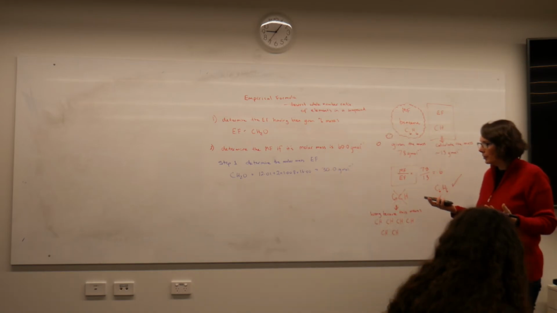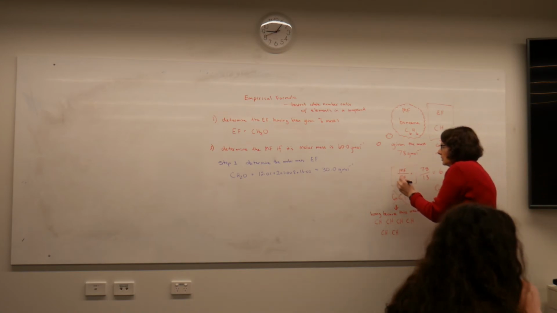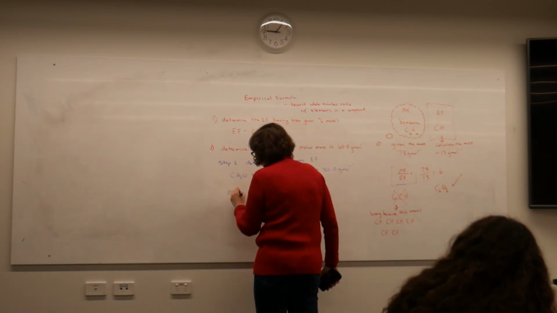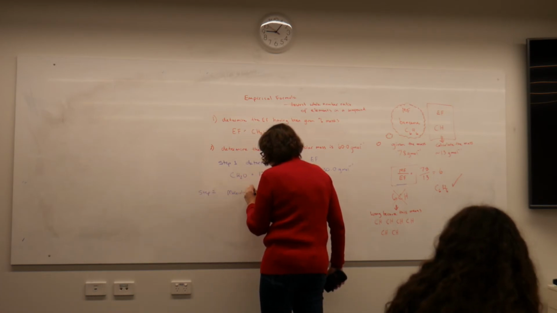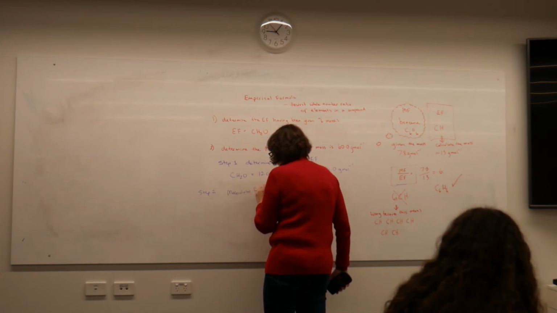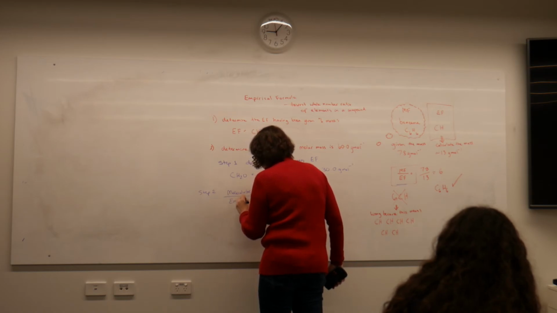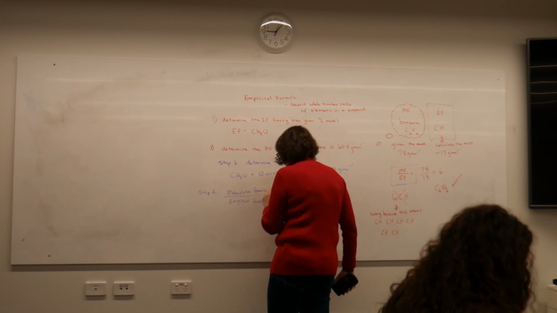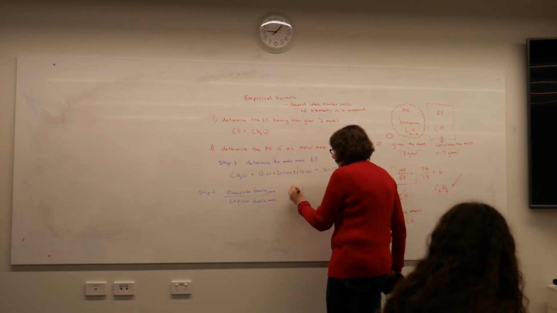Okay, so now we know what the molar mass from the empirical formula is, and then we use this relationship here, where we're going to divide the molecular formula, step 2, divided by the empirical formula masses. 60.0 divided by 30.0 is 2.